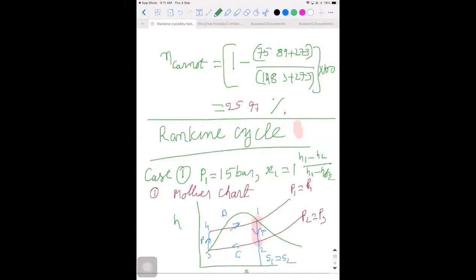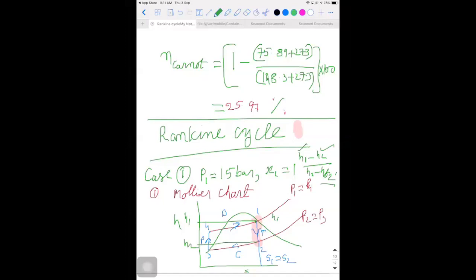This is the formula. HF2 you are going to get from the steam tables, and you have to get the H1 value and H2 value. So H1 and H2, these two values.